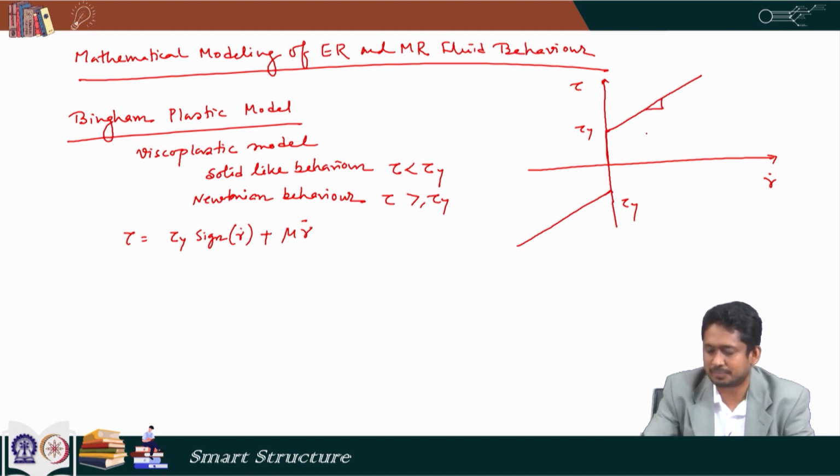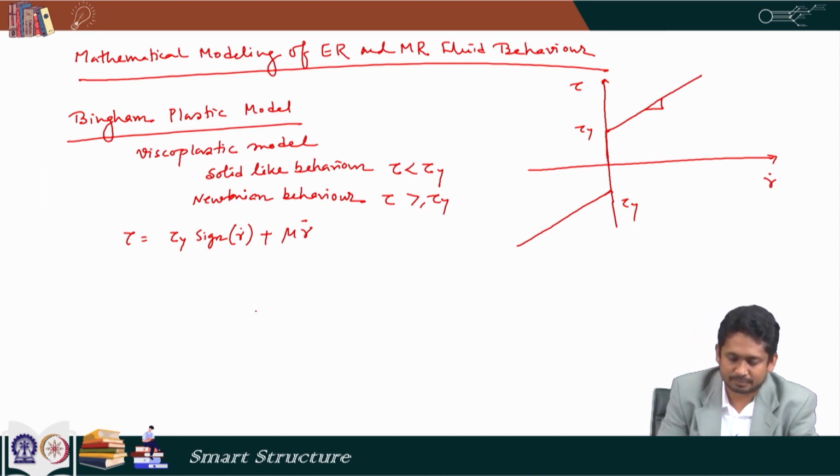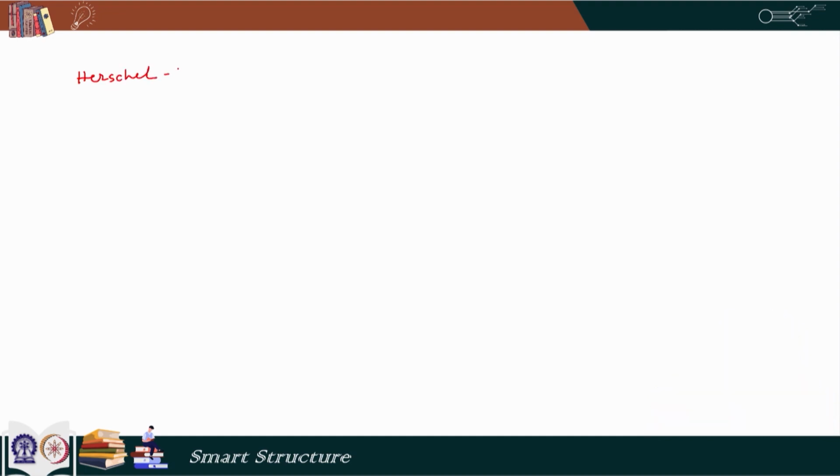So, mu is the slope here, and that is our viscosity, and the same slope is shown by this graph also. So, that is our Bingham plastic model. And then there is a model called the Herschel-Bulkley model.